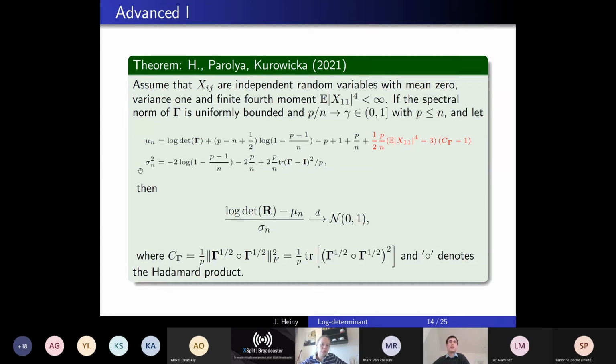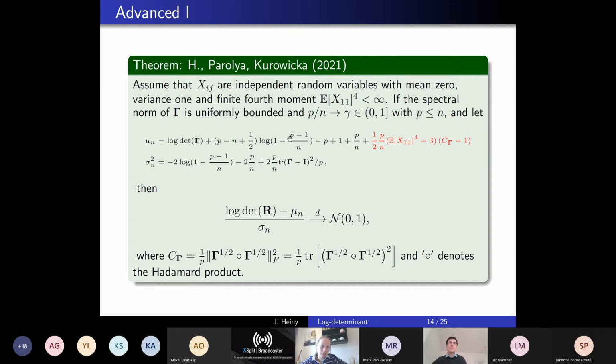And we found these explicit formulas. Note that it also includes the case that gamma equals 1, thereby unifying some results in the literature, where even for some covariance matrices, those cases are typically separated.